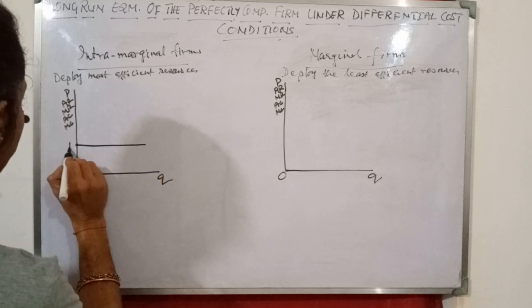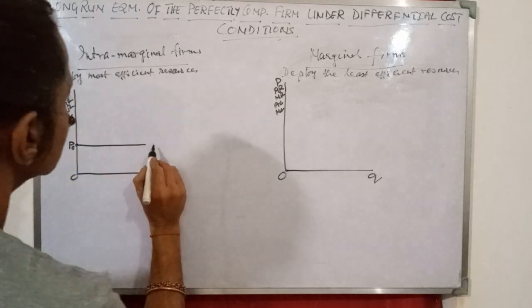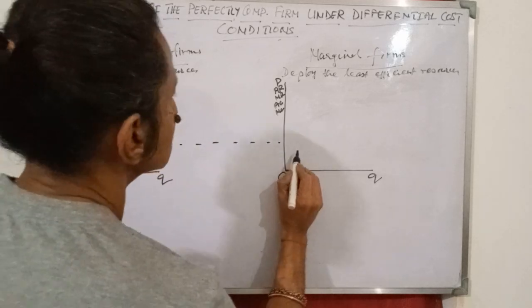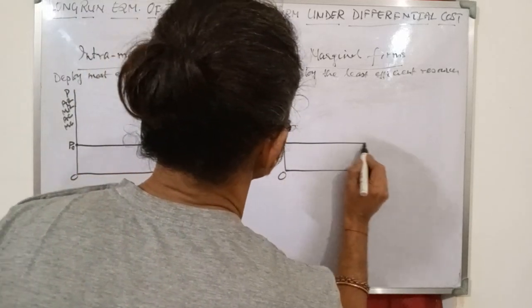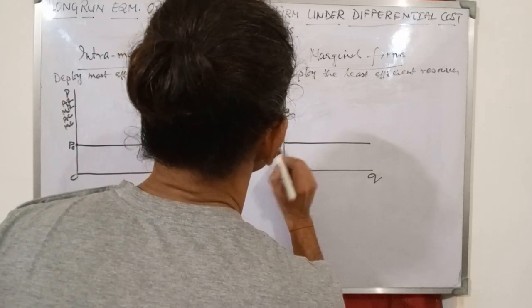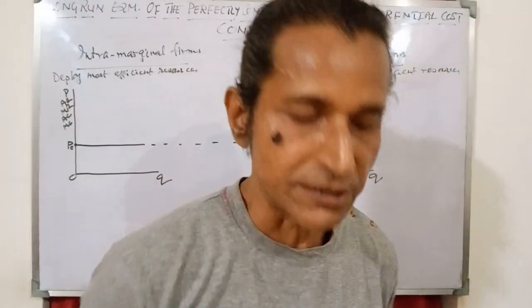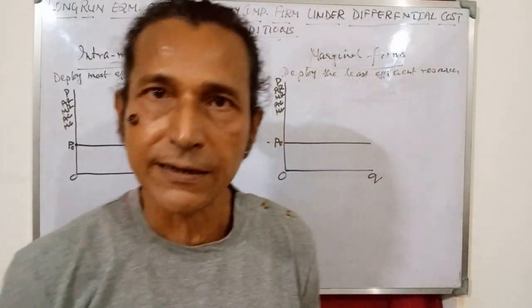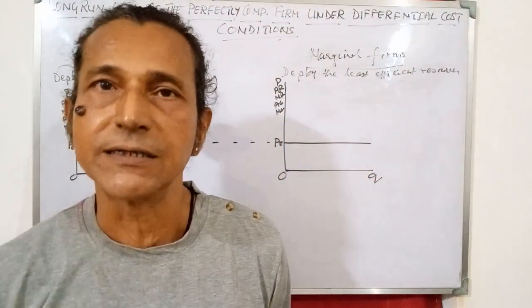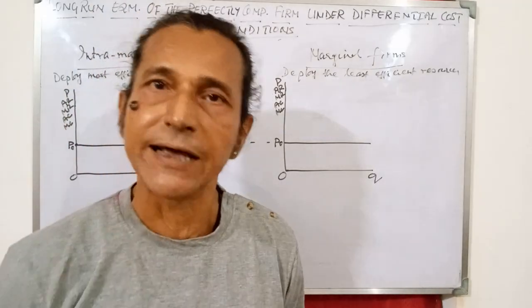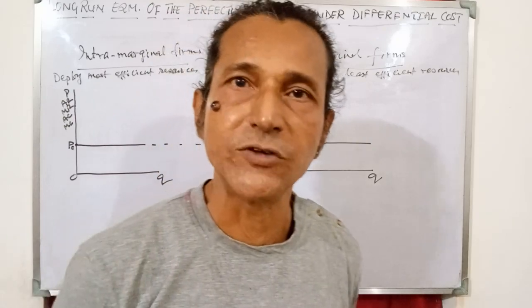Let the price be P sub 0. In the industry it can either rise or fall. Whatever be the price, that price is accepted by the individual firms.